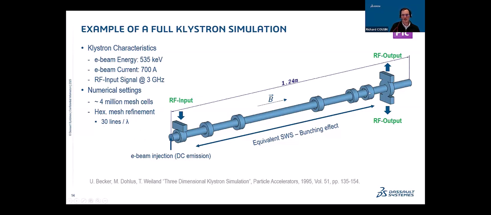You see here that these 5 cavities constitute the equivalent slow wave structure where we will have the bunching effect for the particles. We inject the RF input signal here, which will then interact with the particles, which are going to be bunched, and here we extract the output signals for the amplification process.